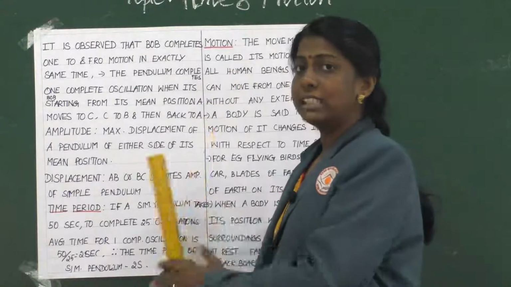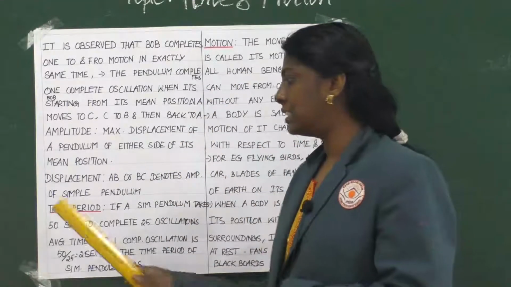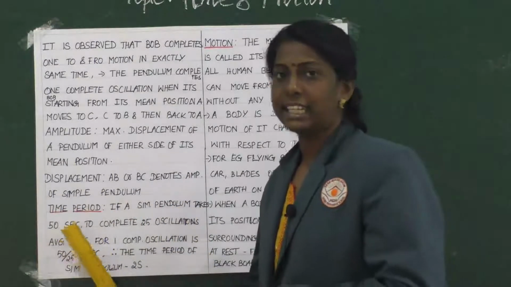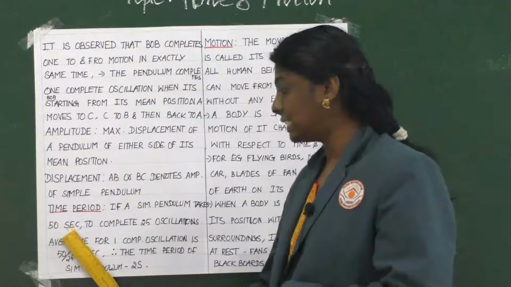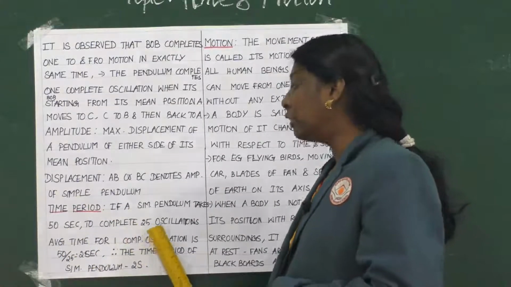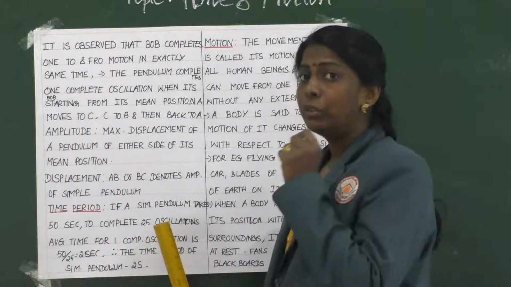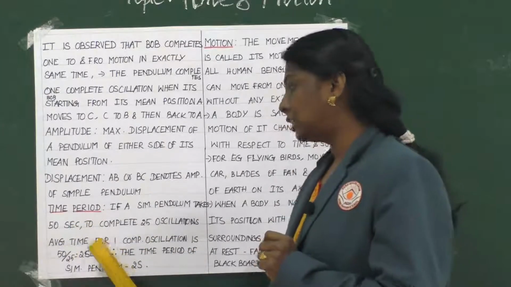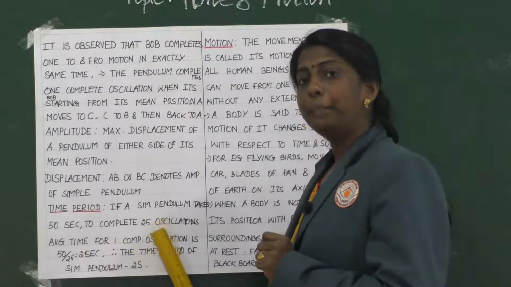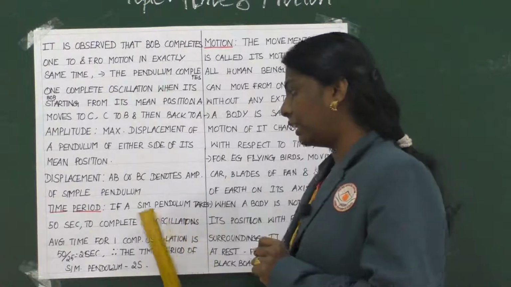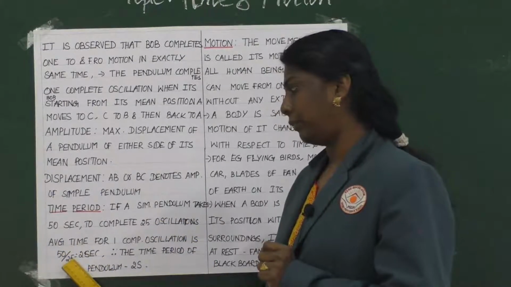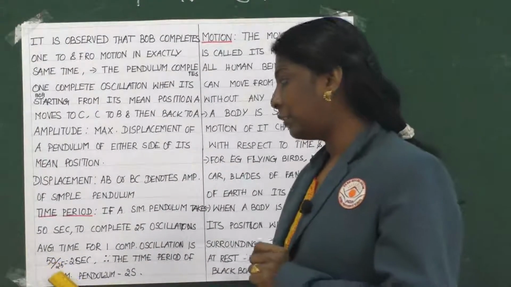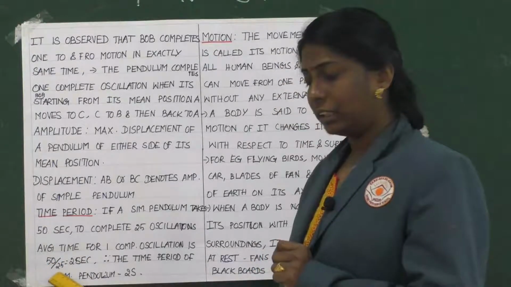Now how are we using this instrument to measure time? That is the time period. If a simple pendulum takes 50 seconds to complete 25 oscillations, the average time for one complete oscillation is 50 by 25. 50 is 50 seconds, and 25 is the number of oscillations.